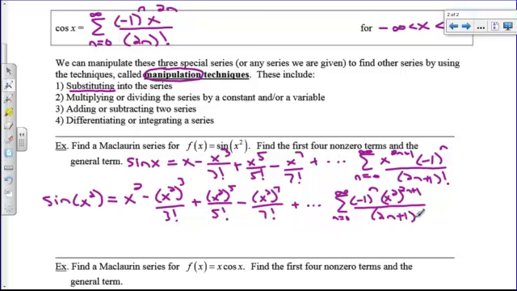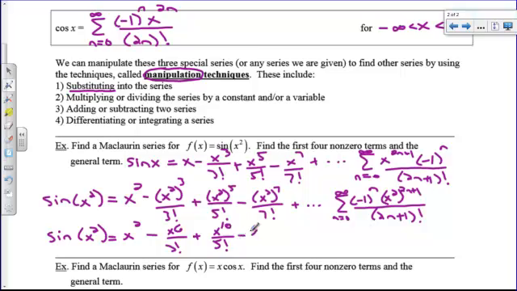Now let's clean this up a little bit. So sine of x squared is going to equal x squared minus x squared cubed. You remember, you multiply those powers, so that's x to the 6th over 3 factorial plus x to the 10th over 5 factorial. That's a 10, I promise you.